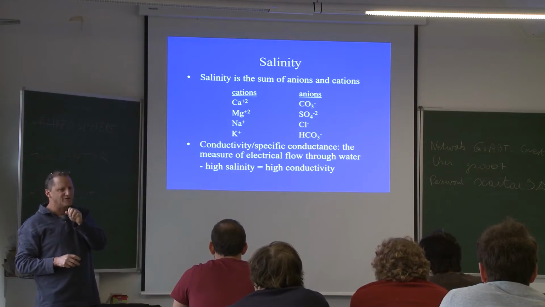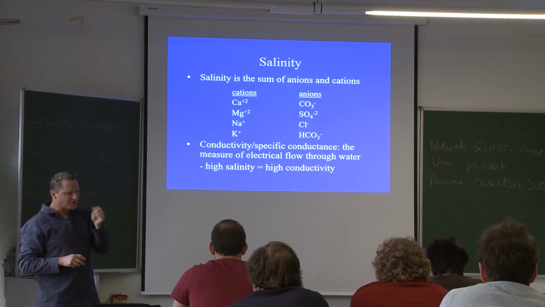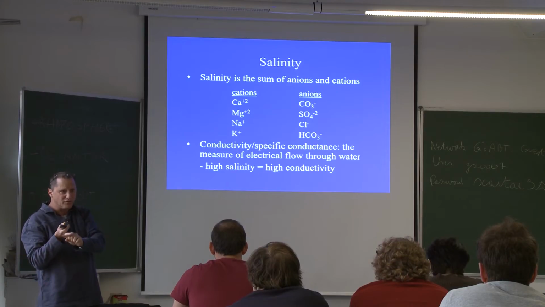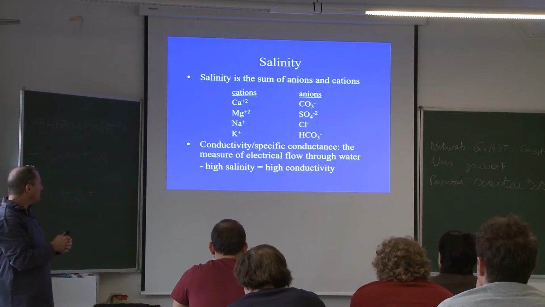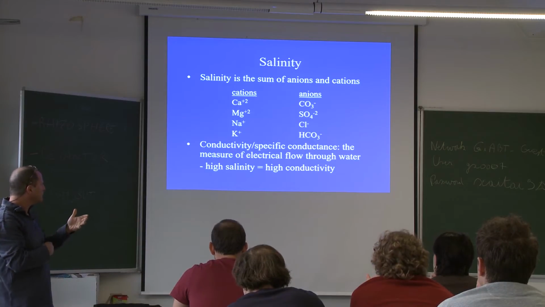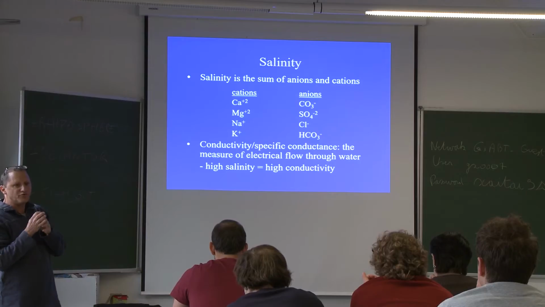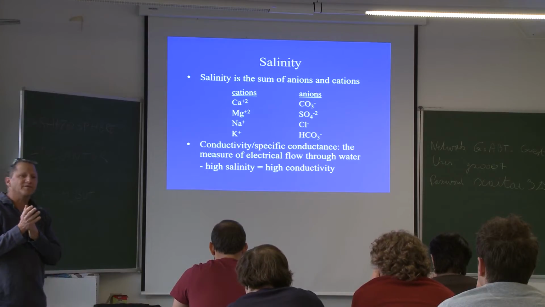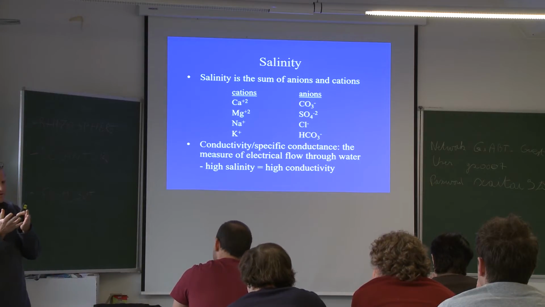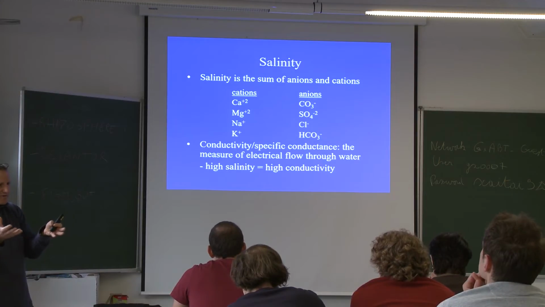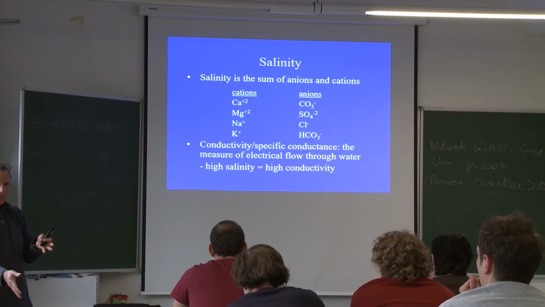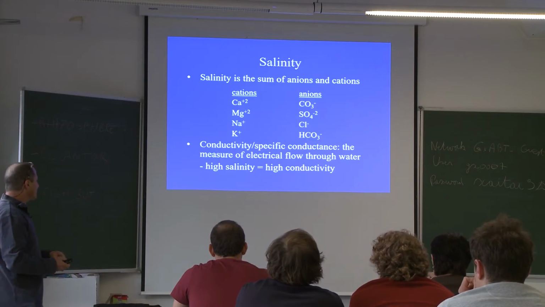So salinity is not a good measure to talk about fish growth unless you're talking about natural water or seawater or diluted seawater. If we use brackish water, and that's something that happens a lot in arid areas, we don't have natural water, so we go down to the ground.